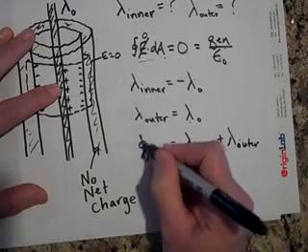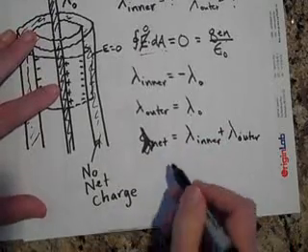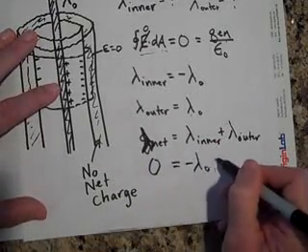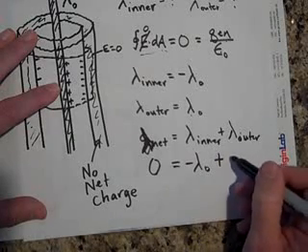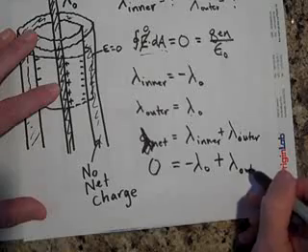That's lambda net, the net charge density. And so if this is zero and the inner is negative lambda naught, then the outer must be equal to positive lambda naught.